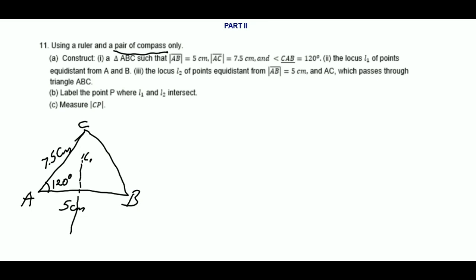For this question, we've got AB and AC. So the angle between the lines CA and AB, that locus is going to be the angle bisector of it. This is going to be L sub 2. Let me stop at this point and let's construct it, then we will have a feel of how this whole thing is.